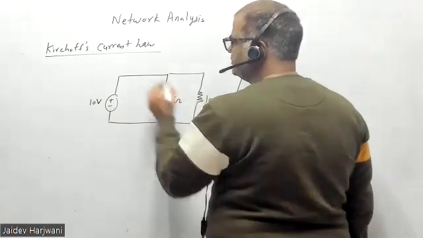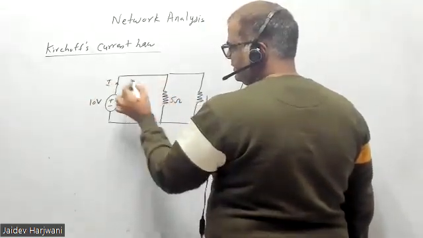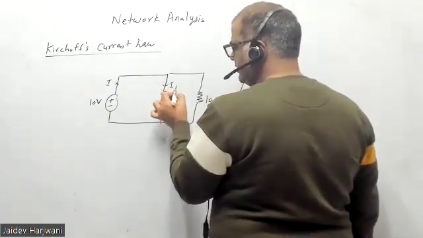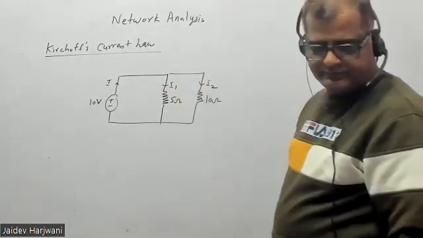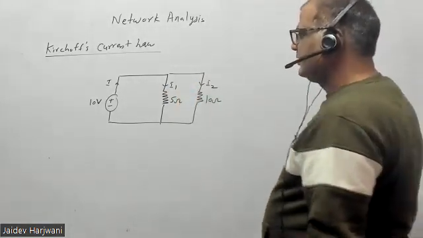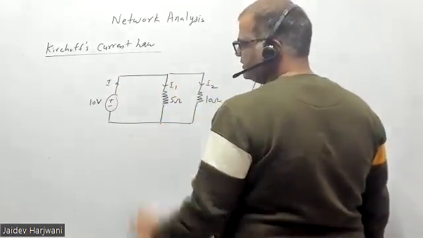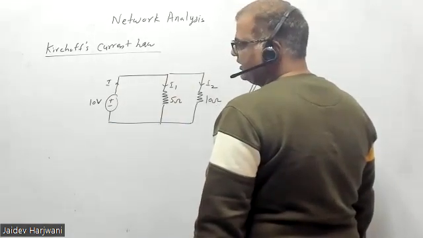Say current I is coming. How many nodes are there in the circuit? Two. So two nodes are there. Now you have to apply Kirchhoff.